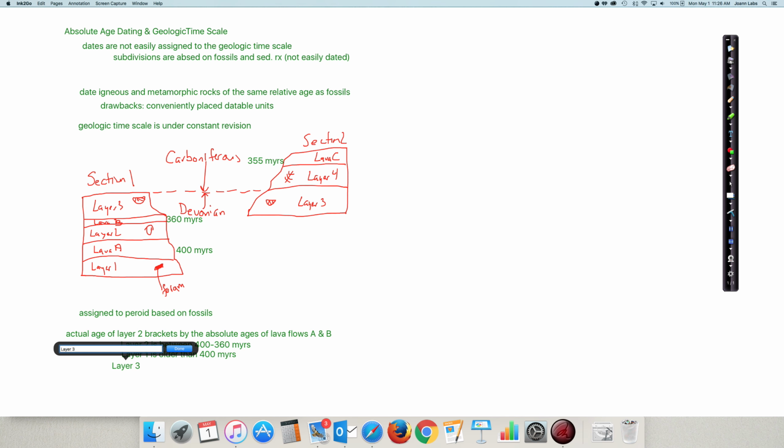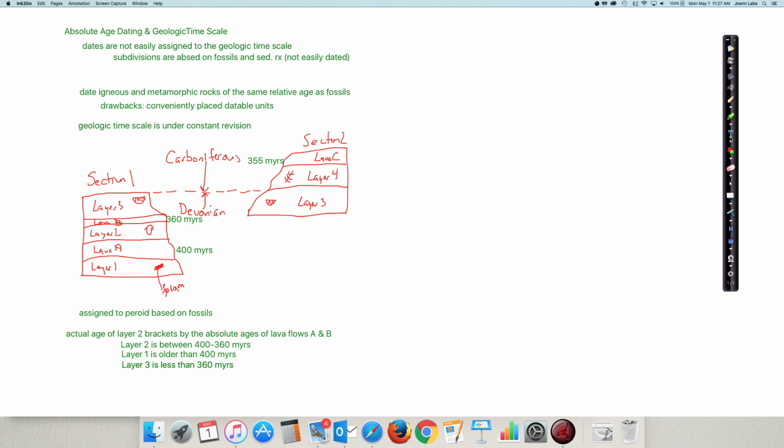Layer 3 is less than 360 million years because it's above the 360 million year lava, so it has to be less than 360 million years.